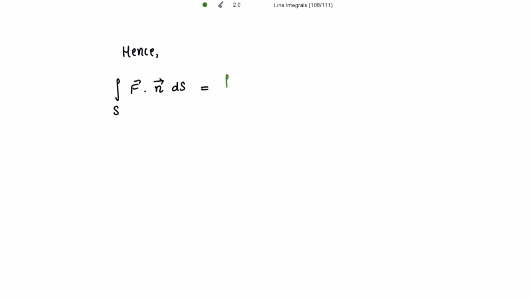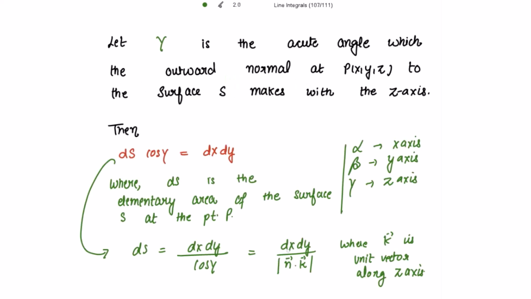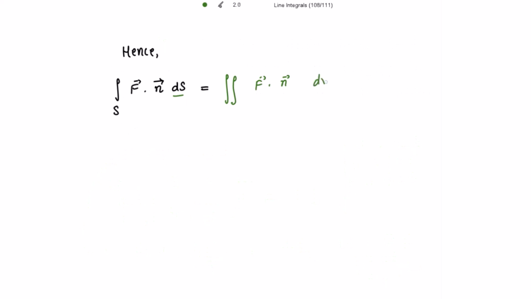Hence the integral over S of f vector dot n vector ds will be equal to the double integral of f vector dot n vector, and what is ds? ds is dx dy divided by mod of dot product of n vector with k vector, right?